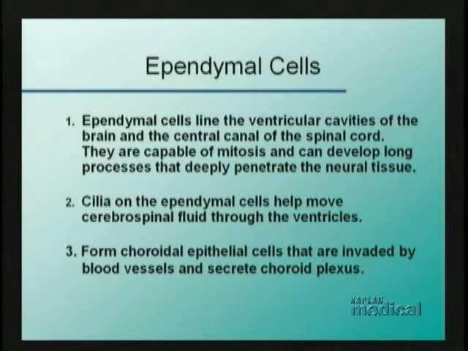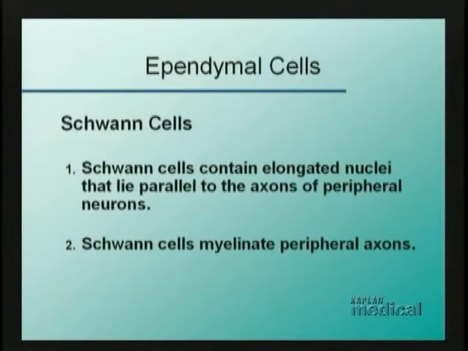Finally, ependymal cells line the ventricular cavities of the brain and the central canal of the spinal cord, and their job is to maintain the integrity of the ventricular system. Where the ependymal cells are invaginated by choroidal blood vessels, these areas of ependymal cells become modified and form choroid plexus, in particular areas of parts of the ventricles of the CNS that are involved in the production and secretion of cerebrospinal fluid.